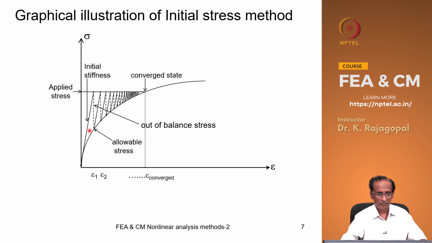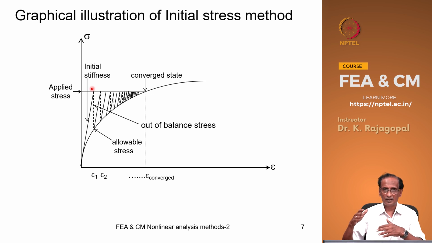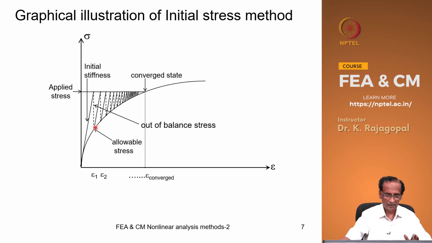In the initial stress method, our stiffness is kept constant, and then we apply some stress, and at each stage we see what is the out of balance force, or the difference between the stress applied and the actual stress that the material can support corresponding to that particular strain level.